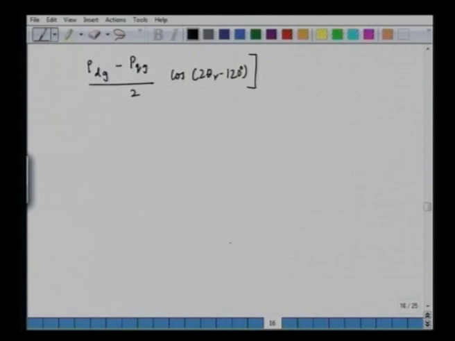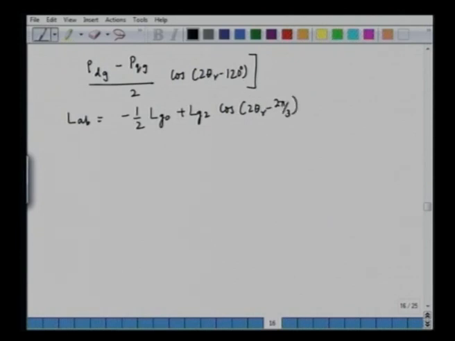So, if we further simplify this, we can write down the expression for LAB, the mutual between phase A and B, that is equal to minus of half Lg0 plus Lg2 into cos of 2 theta r minus of 2 pi by 3. 120 is same as 2 pi by 3.